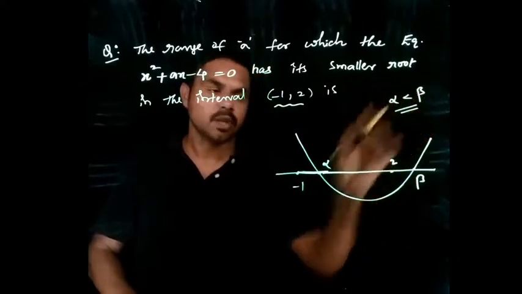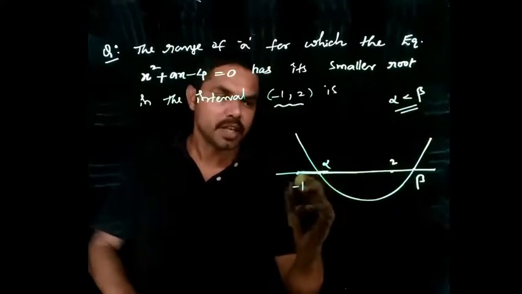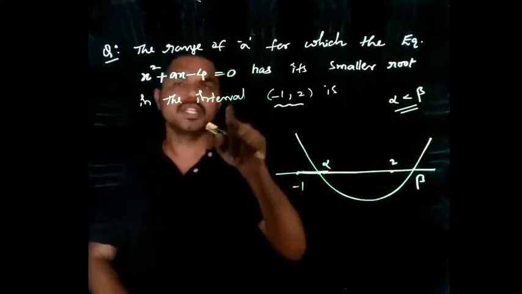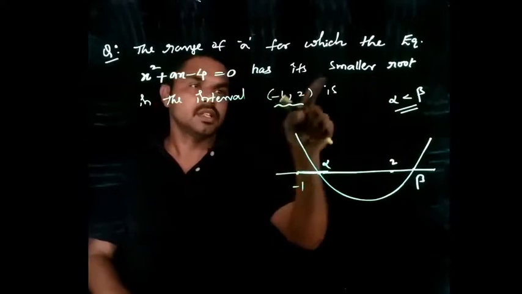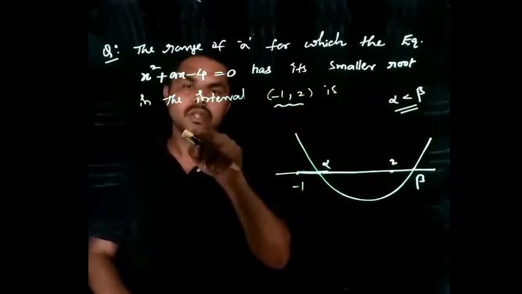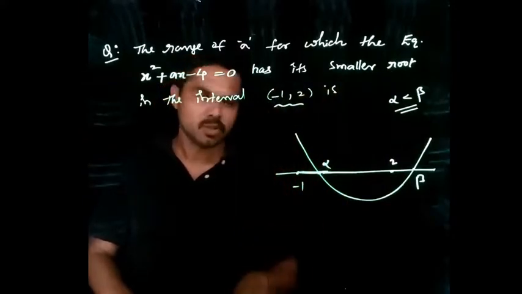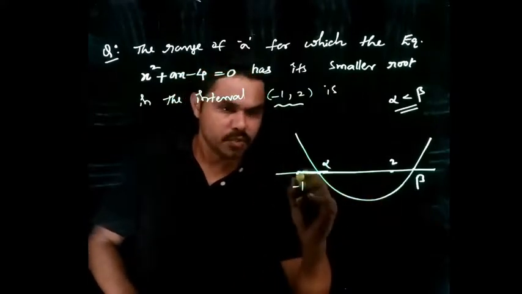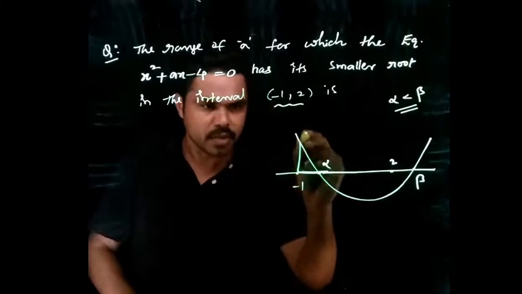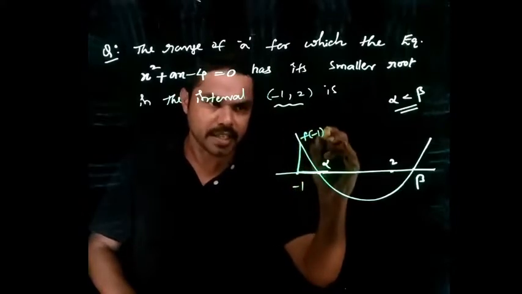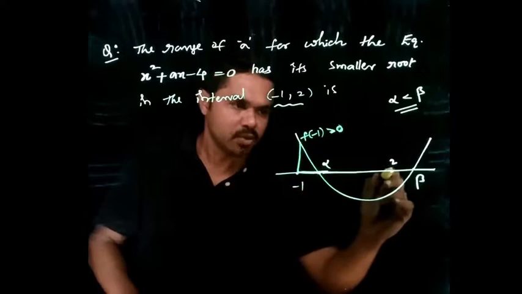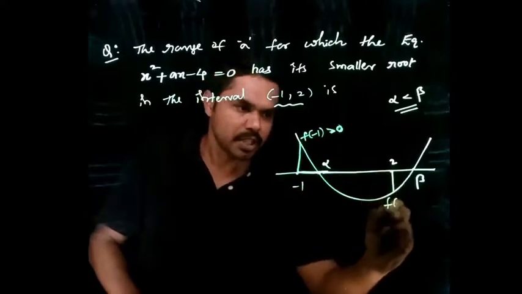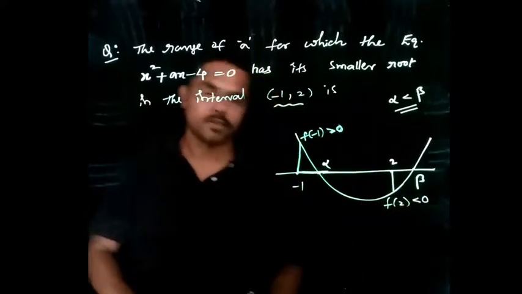So alpha should lie in the interval minus 1 to 2, because the question is that the smaller root lies in the interval minus 1 comma 2. For that reason I took alpha here. If you take minus 1 here, this will be the f of minus 1, it is above the x axis, so positive. If you take 2 here, this will be the f of 2, that is below the x axis, negative.